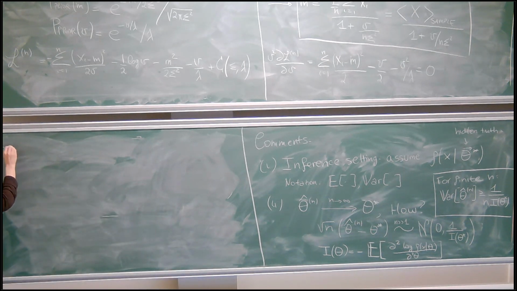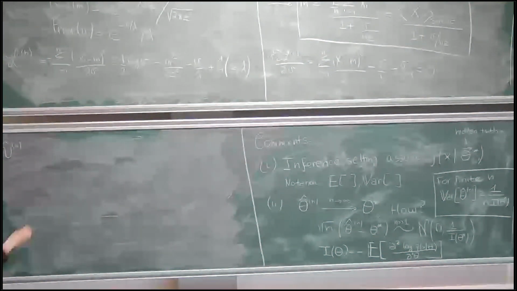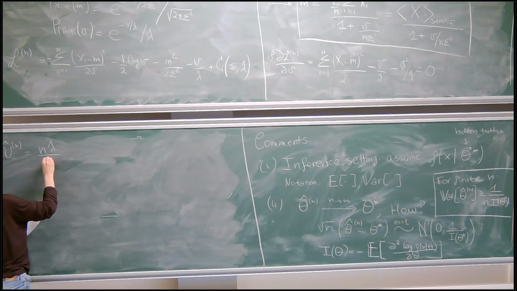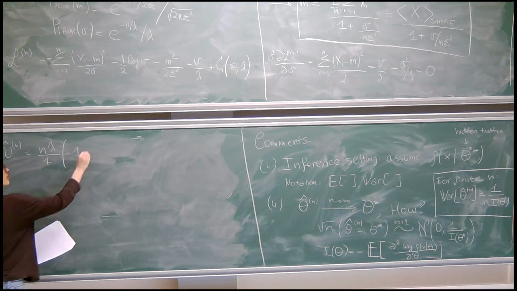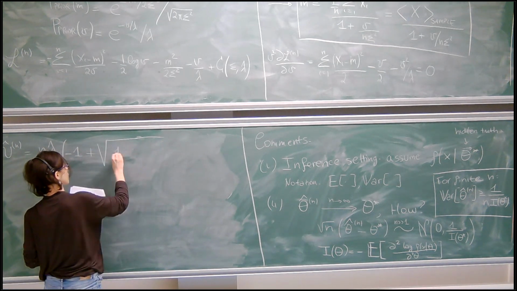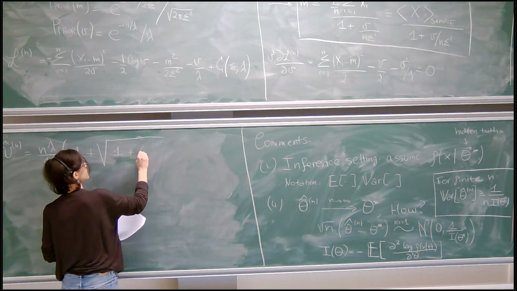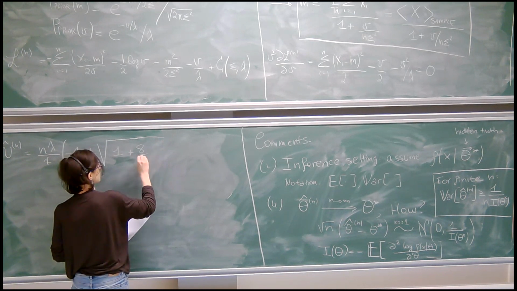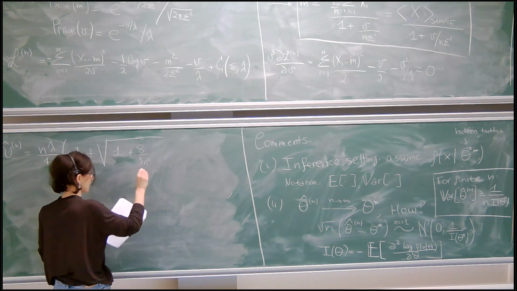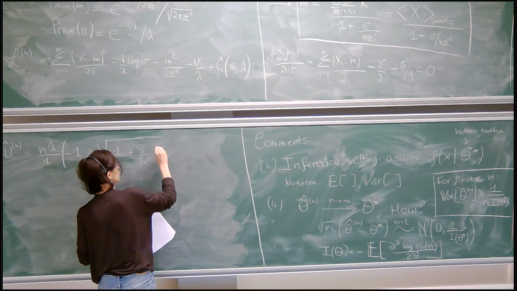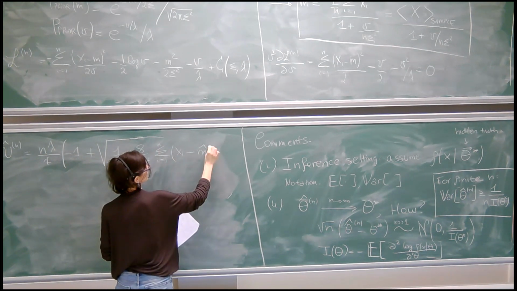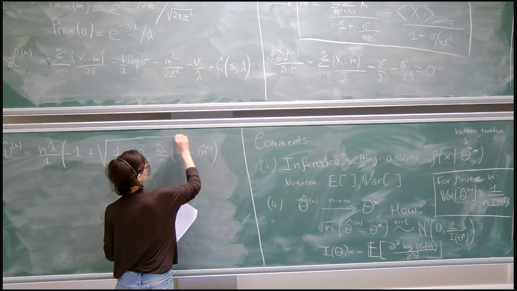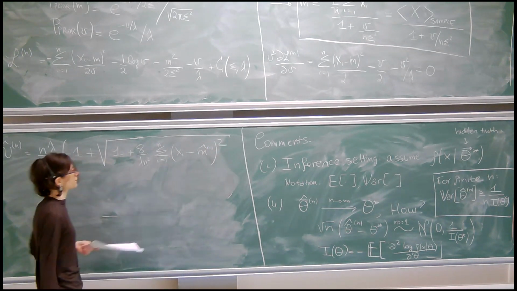So if you solve this, you will see that your estimate for v is of the form n lambda divided by 4, times minus 1 plus the square root of 1 plus 8 over lambda n squared times the sum over i from 1 to n of xi minus m, where I replace m with my estimate, to the power 2.